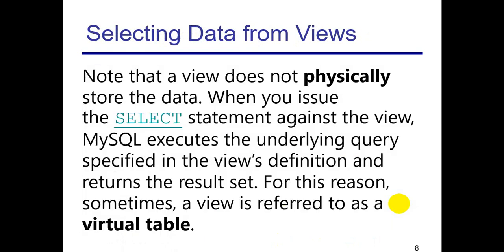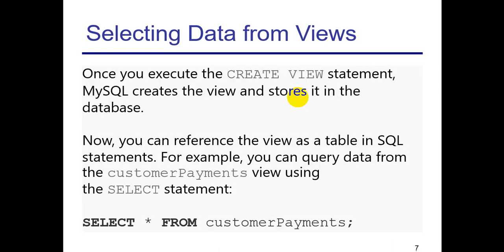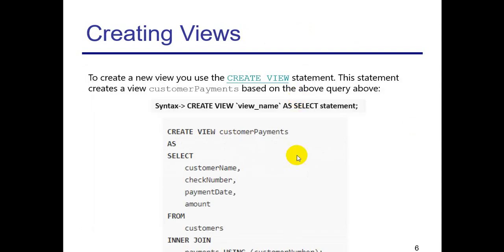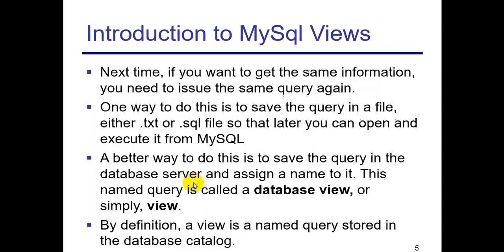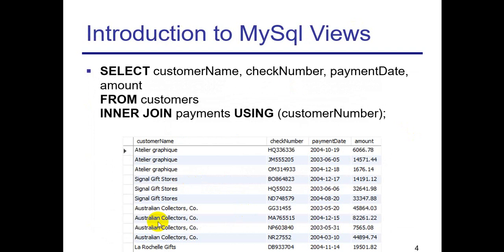Note that the view does not physically store the data. When you issue the SELECT statement against the view, MySQL executes the underlying query. I just discussed that the same query will be executed, and you will get the same data that we selected before.